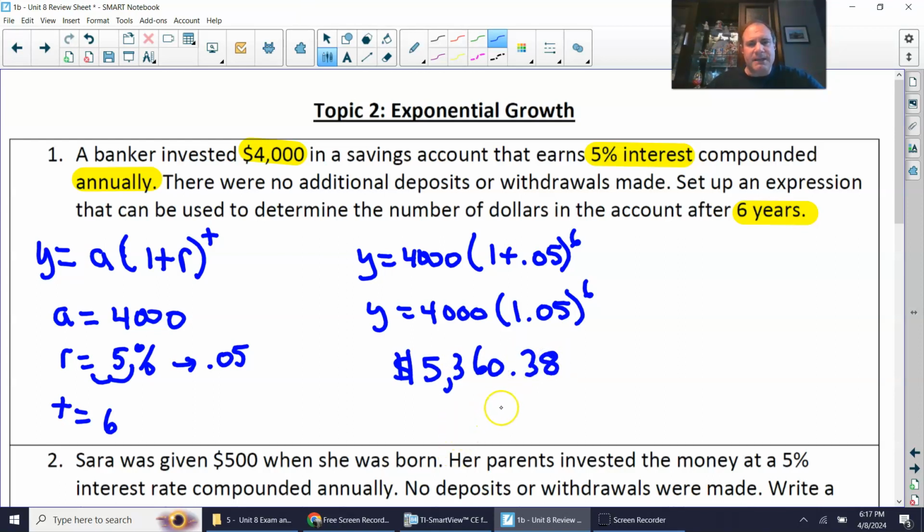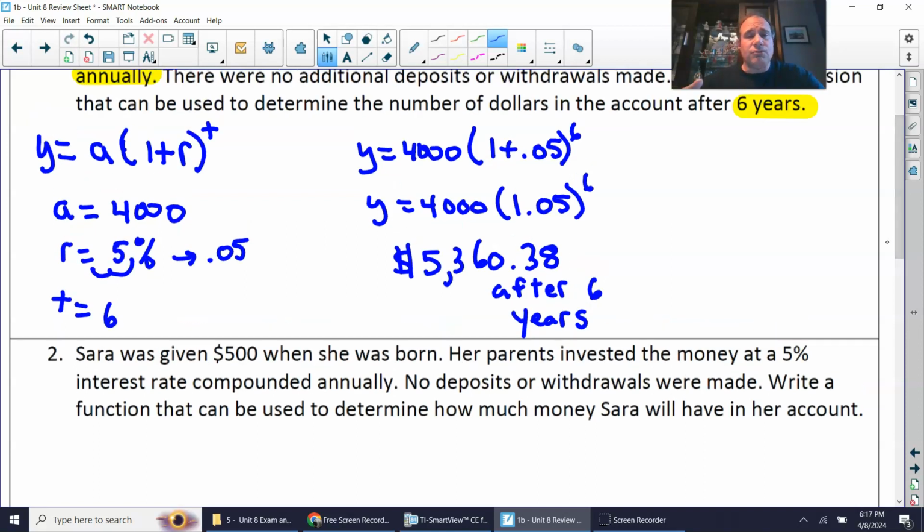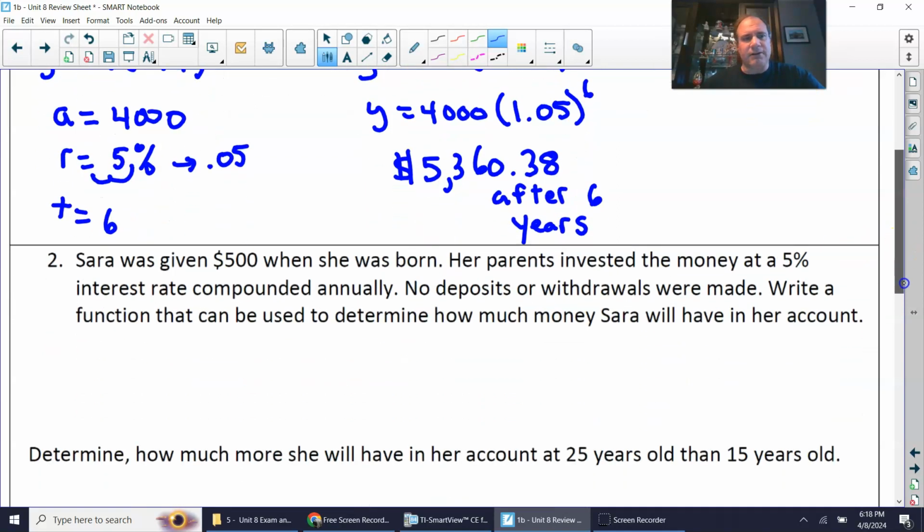And that is the investment after 6 years. So that makes sense because it started out as a $4,000 investment, and then it's going up to $5,360. If they wanted you to state the amount of interest that was made, how much money you made, it would be $5,360 minus $4,000, and you would get your answer.